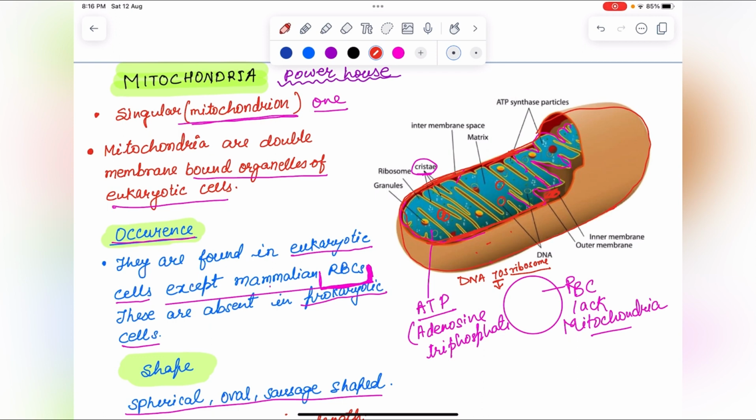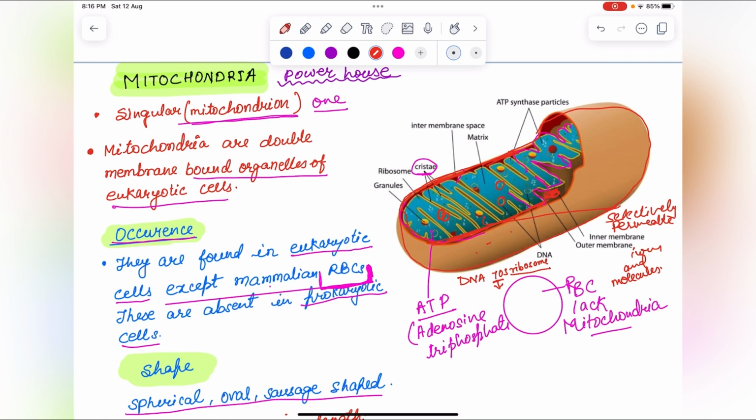The inner membrane is selectively permeable for ions and molecules.